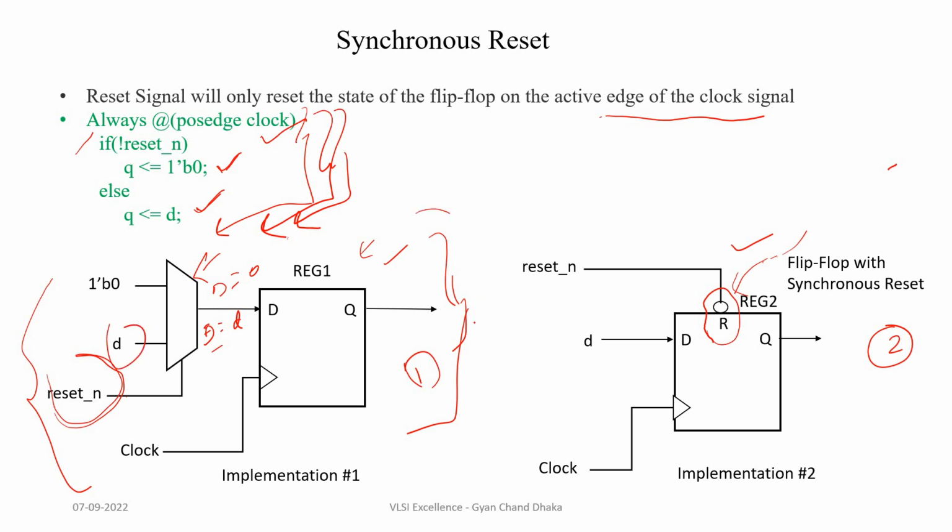This circuit realization will happen if we do not have a synchronous reset flip-flop in our standard cell library, or if we are not going to use that flip-flop and we are going to use a simple flip-flop in our design.